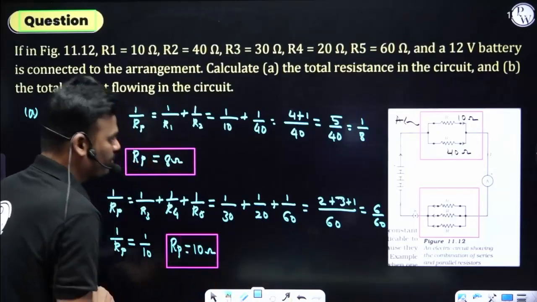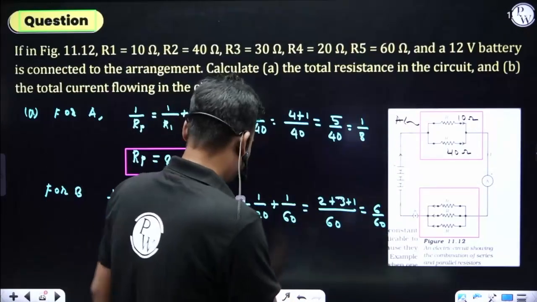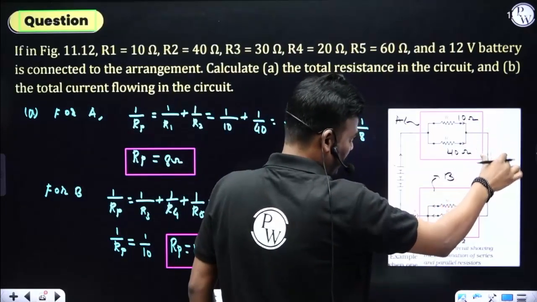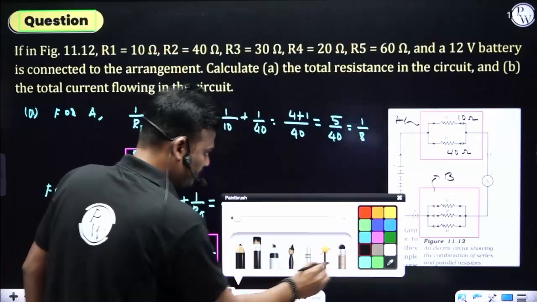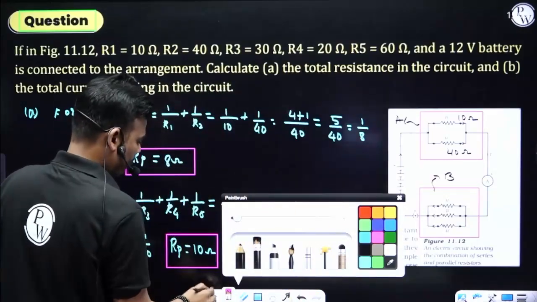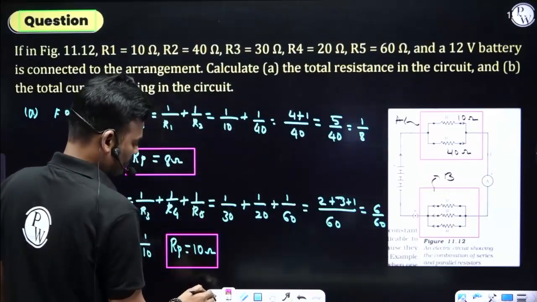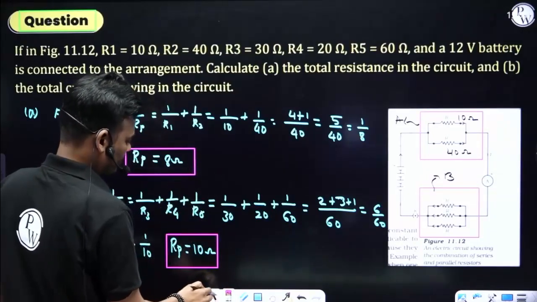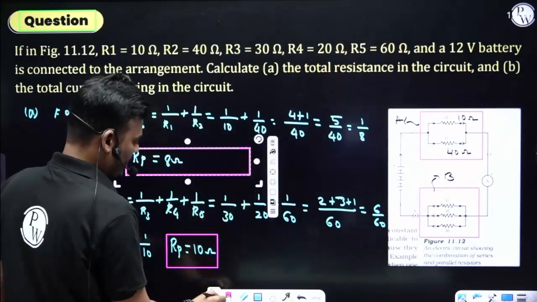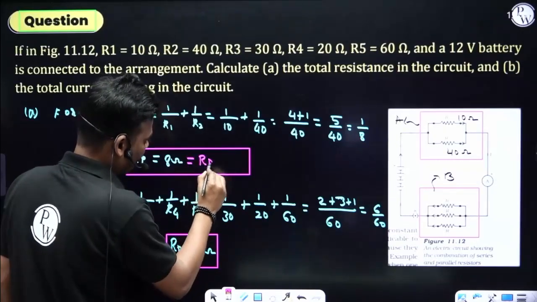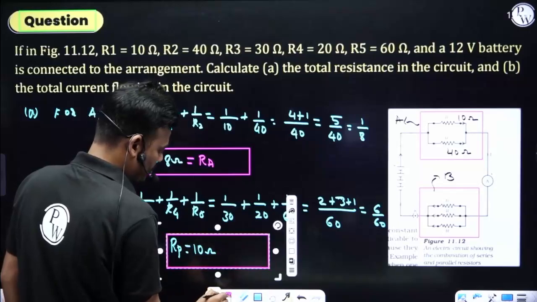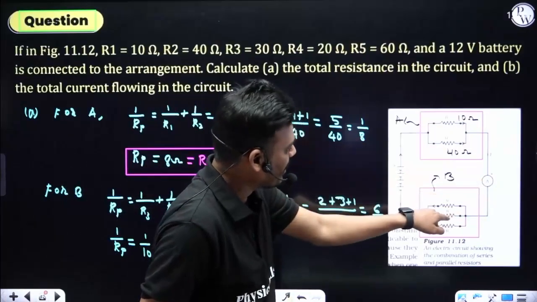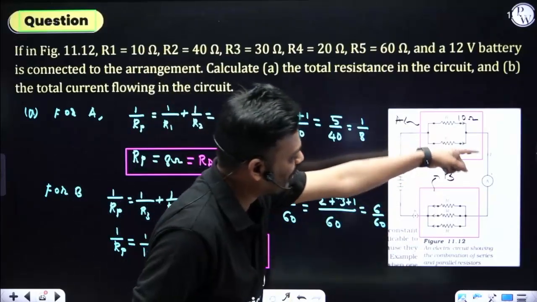Okay, now after combining A and B, consider this as RA and this one as RB, and RA and RB are connected in series because there will be only one path for the current.